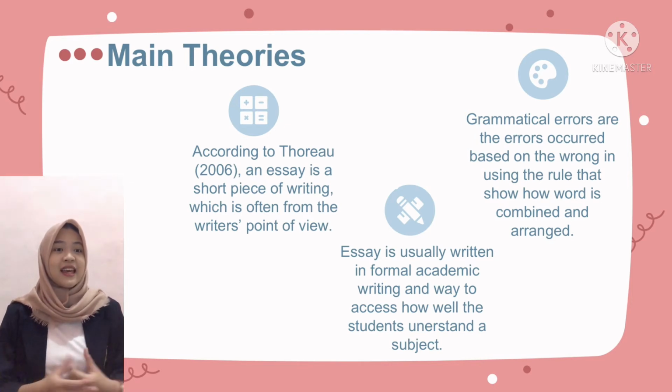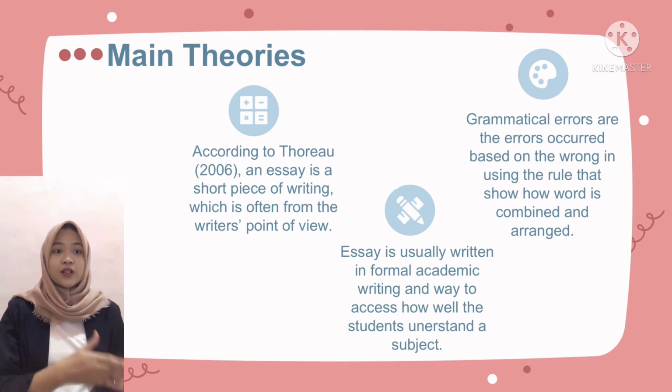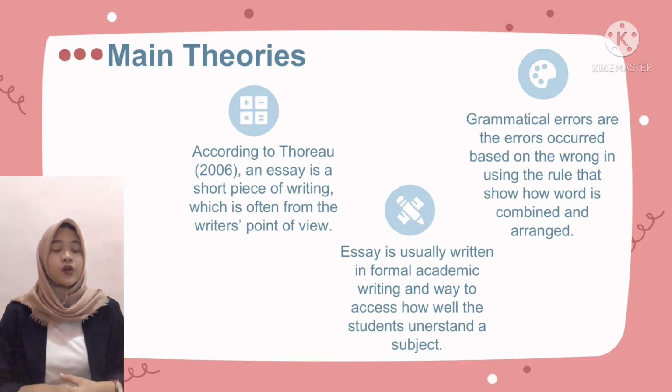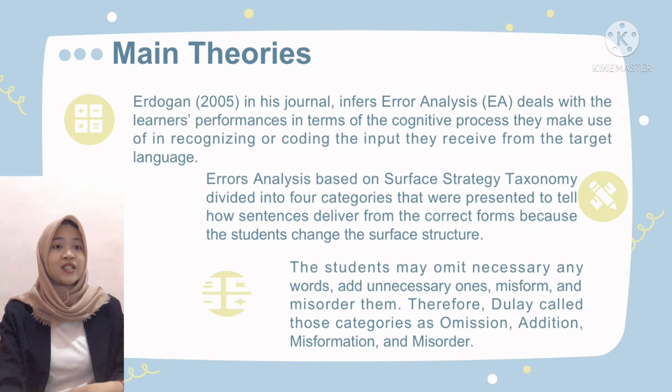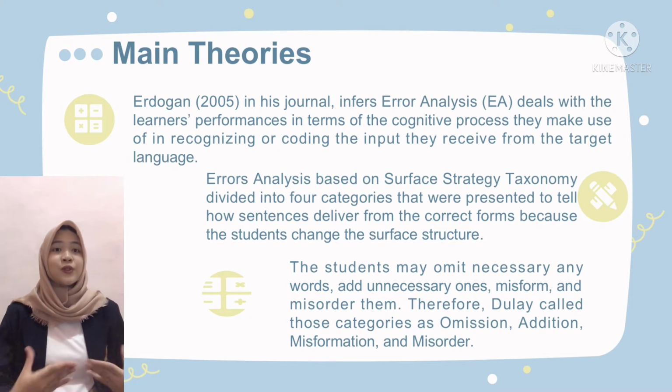In writing essays, the students often make some grammatical errors. What is that? Grammatical errors are errors that occur from the wrong use of rules that show how words are combined and arranged. To know the grammatical errors made by the students, I do error analysis or EA.